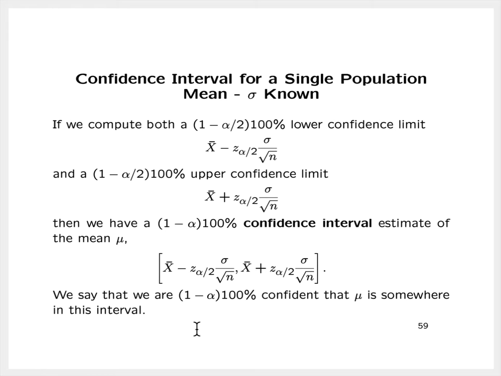And once we have this constructed, we say that we are 1 minus alpha times 100% confident that mu is somewhere in this interval.